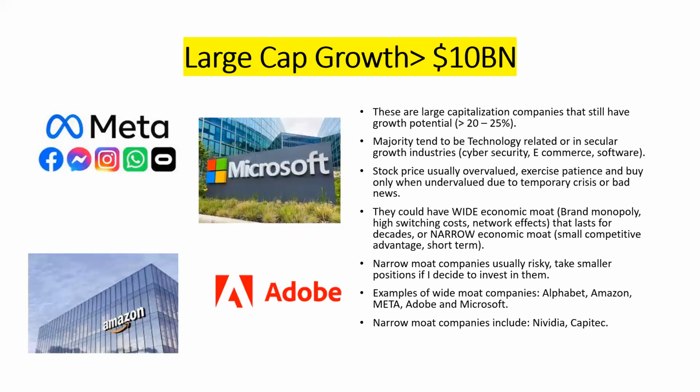The majority of these companies tend to be in the technology sector or are in secular growth industries such as cybersecurity, e-commerce, and software. Now, because these companies are growing at such fast rates, a lot of people tend to buy them and they are willing to buy them at a premium. So that is why, under normal circumstances, the stock price is usually overvalued.